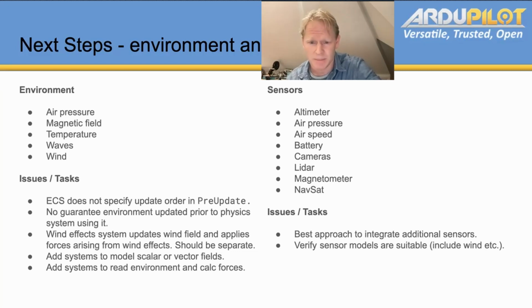magnetometers, and NavSat. So the question is, what's the best approach to integrate these additional sensors into the simulation? We can get the data out of Gazebo, and we can map it into whatever form we like. I don't think all of this data should be going back through the JSON payload, but the question is, what's the best way?